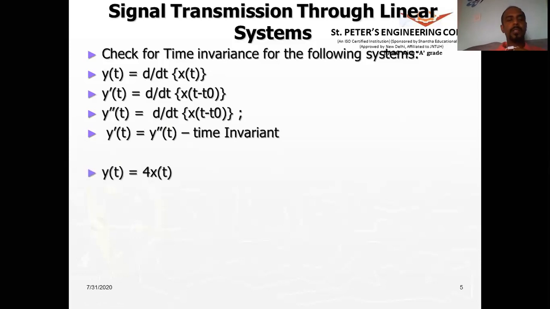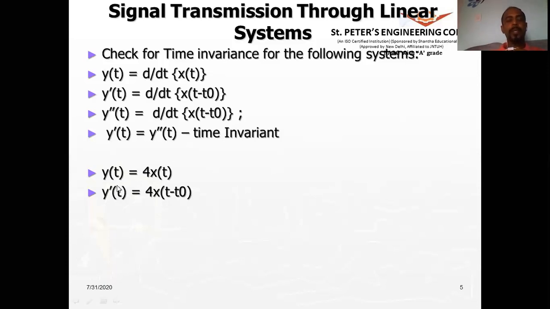Let us take another system. Y of t is equal to 4 into x of t. So what is it doing? It is simply multiplying the input signal by an amplitude of 4, or by a constant of 4. What is y dash of t? 4 into x of t minus t naught. This is the output because of the delayed input. I delay the input x of t by t minus t naught and take the output. Next, I go to the y of t to obtain the delayed output.